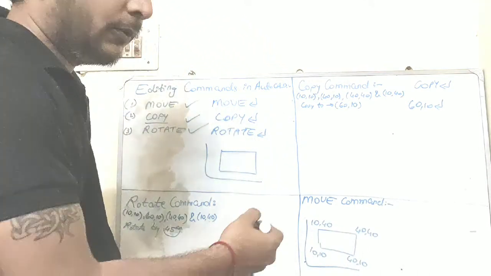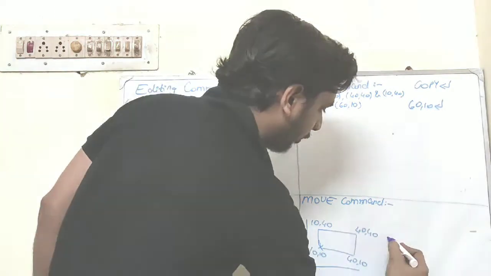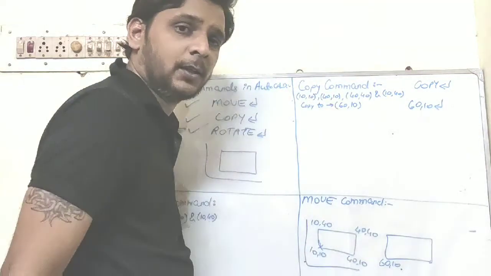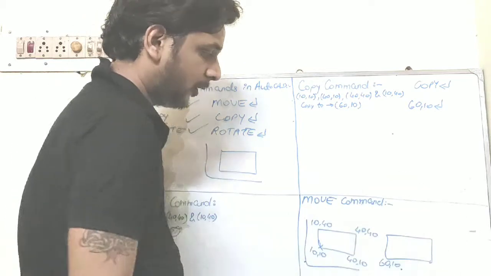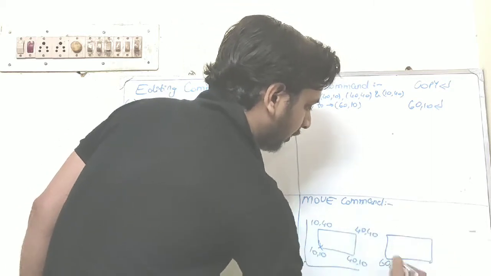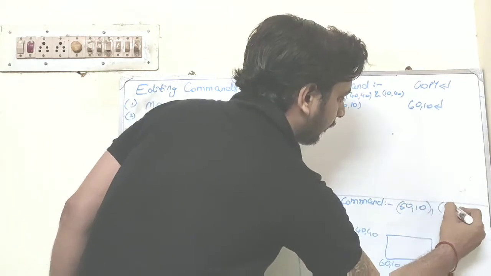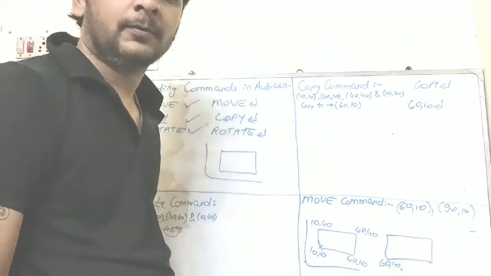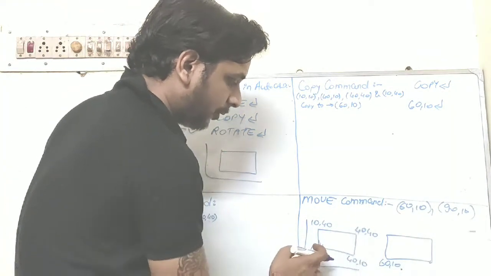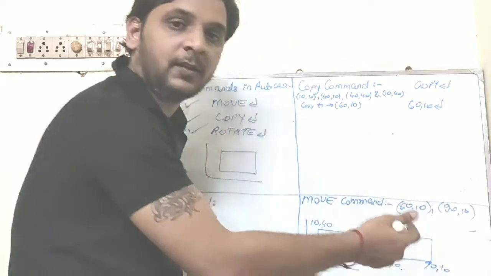We have to move this rectangle from this base point 10, 10 to point 60, 10. And the second point for moving this object: first point is 60, 10 and second point is 90, 10. So we have to move this rectangle from 10, 10 to 60, 10 with its second point as 90, 10. This is our problem.